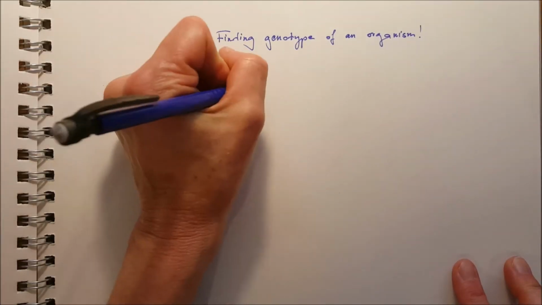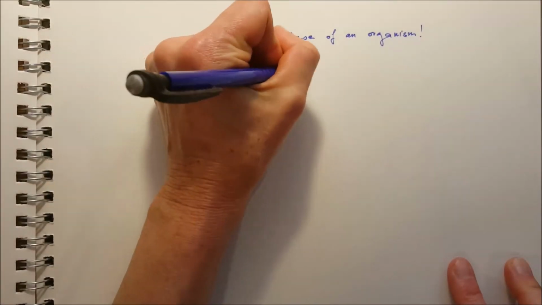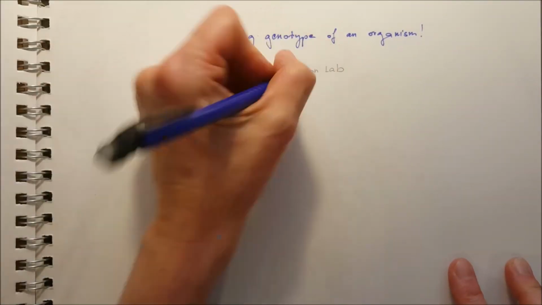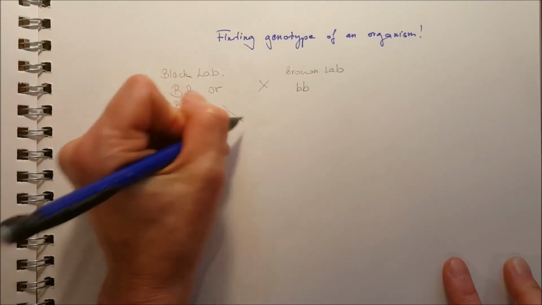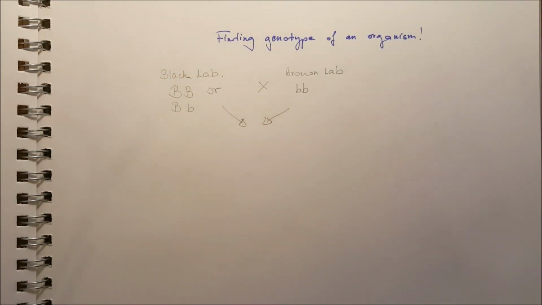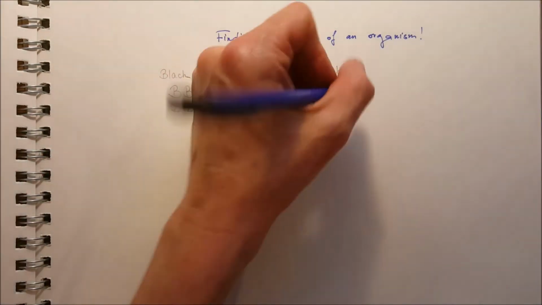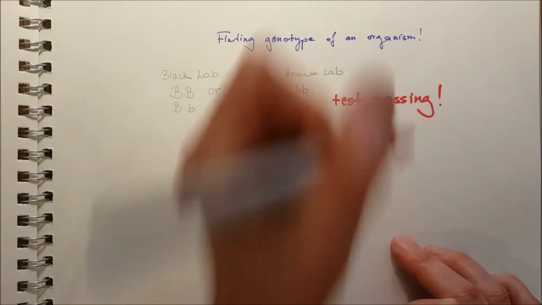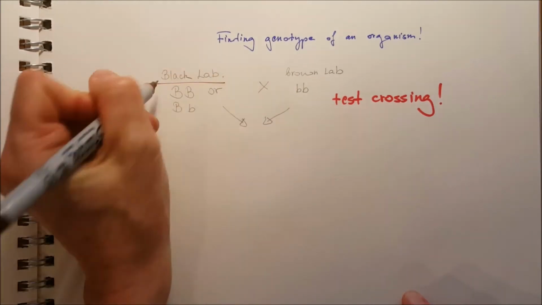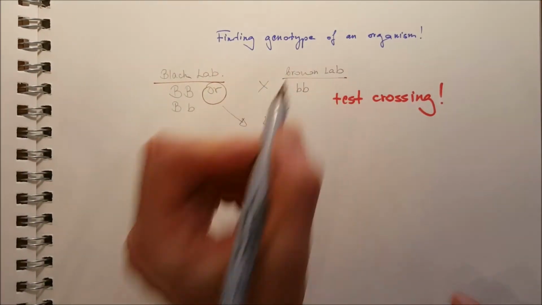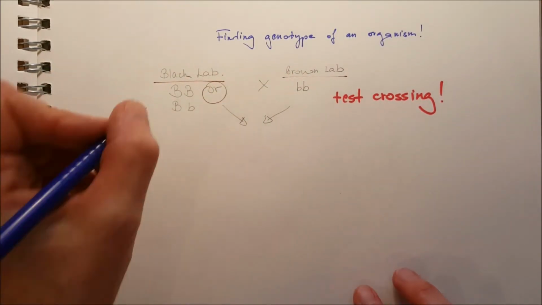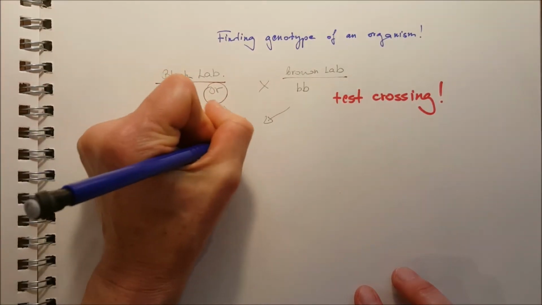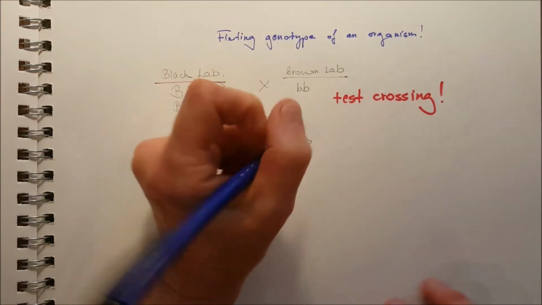Like black labs, they can be black in color if they have 2 dominant genes or if they are heterozygous. But the brown lab is always homozygous recessive. This is called the test crossing method, crossing an unknown genotype with a known genotype.